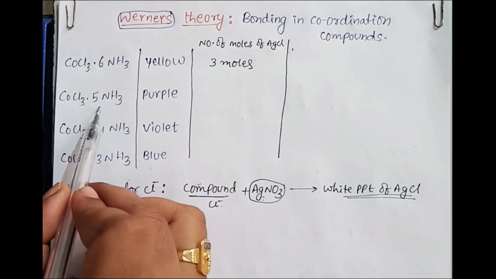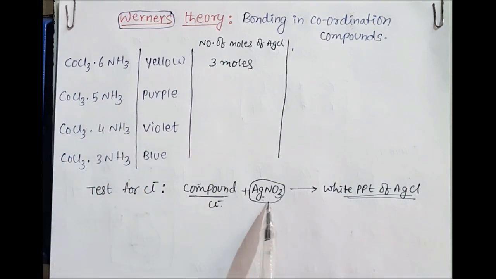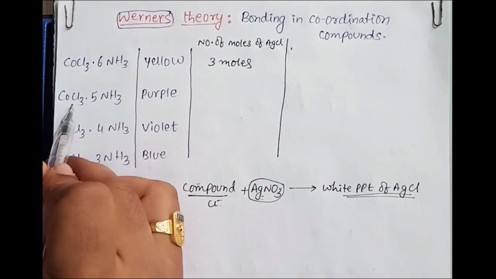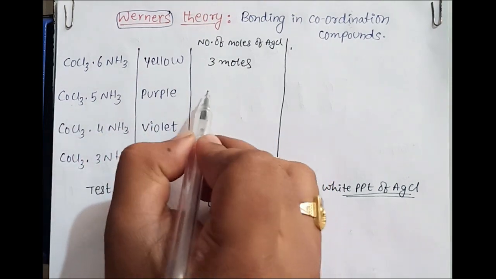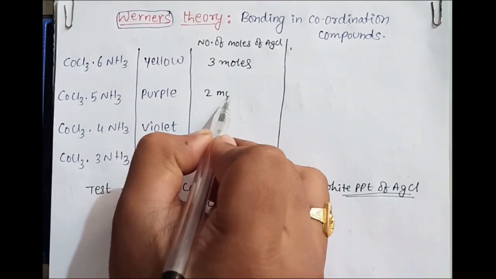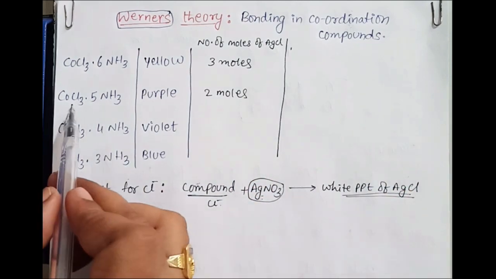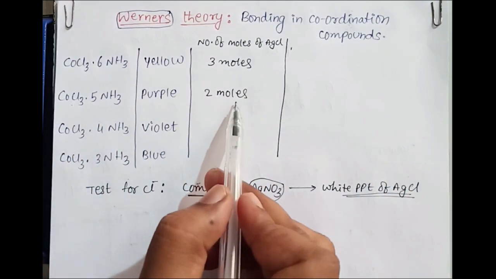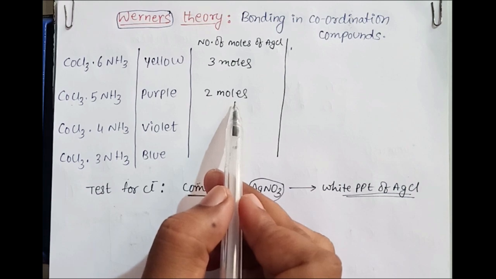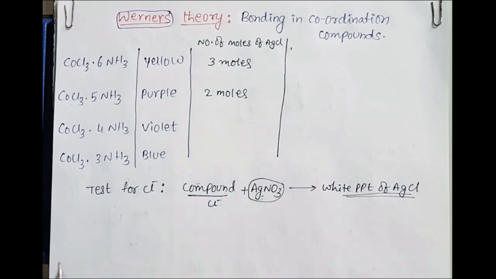Now he took the second compound and again reacted it with AgNO3, but despite having 3 chloride ions, he got only 2 moles of AgCl. He was surprised. Why? It was a question.